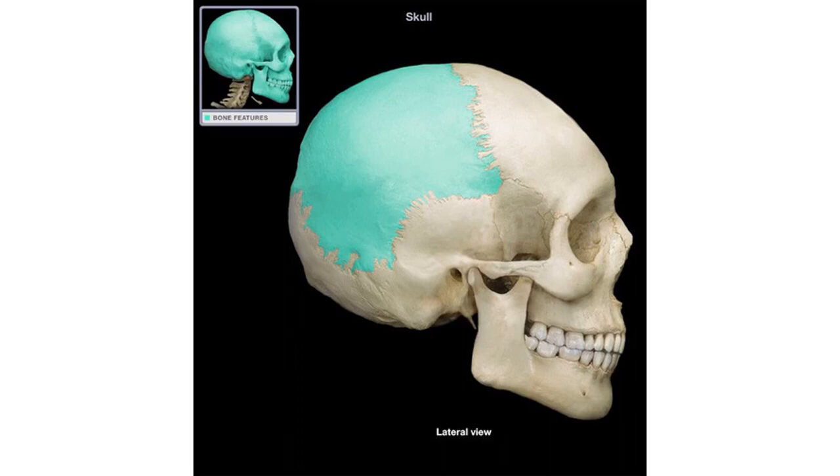Now this parietal bone, if you go down here, you can see that there is a suture between it and the bone inferior to it. This is called the temporal bone, and a suture between the parietal, the green colored bone, and the posterior bone, which is the occipital.